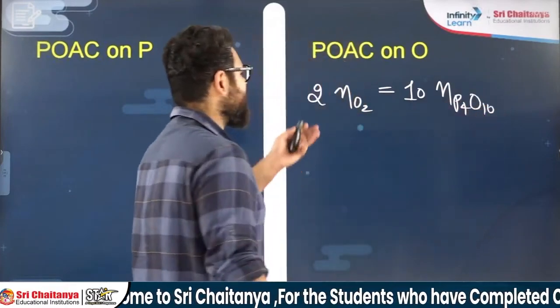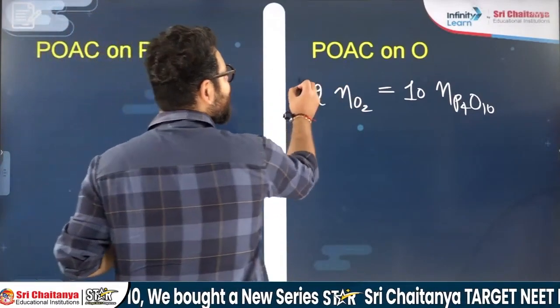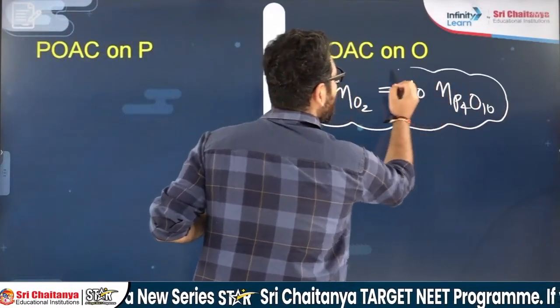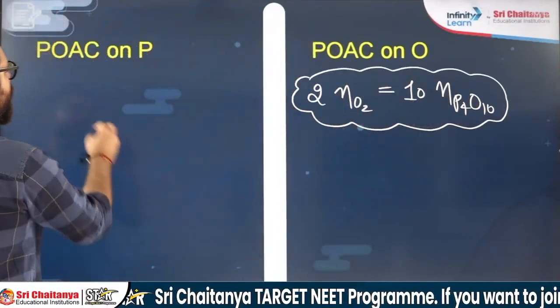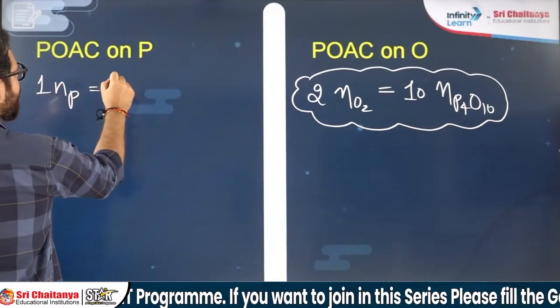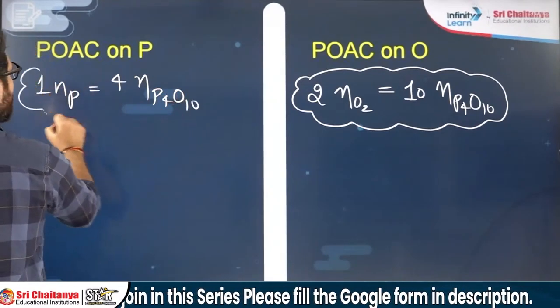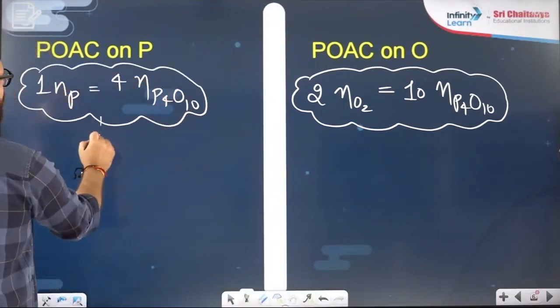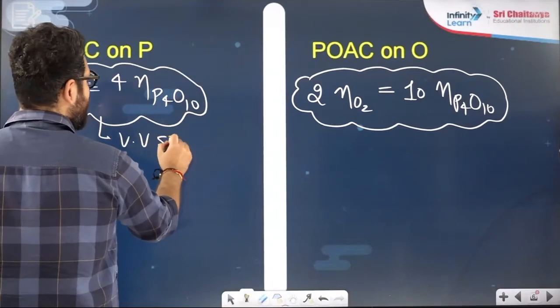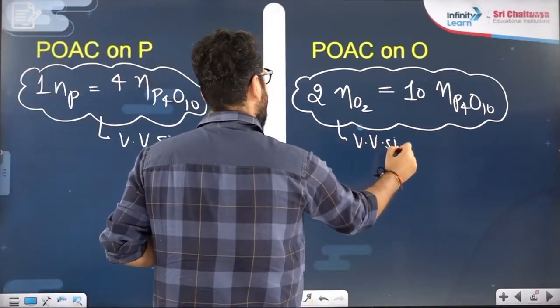If oxygen was given, I would have used POAC on oxygen. If phosphorus was given, we used POAC on phosphorus. Very, very simple. No need to balance.